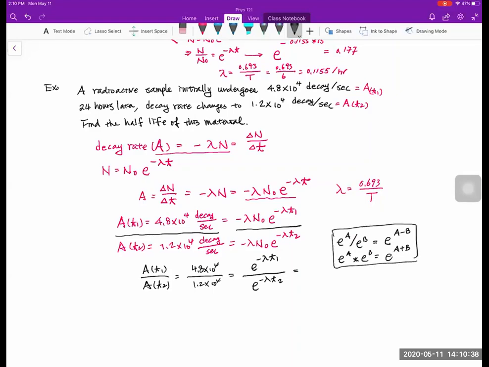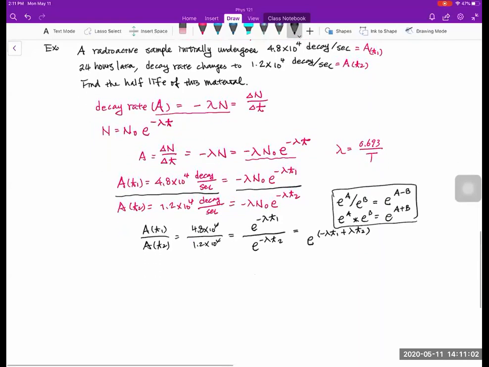So over here, you have a divide, and that means your result is going to be e to the minus lambda T1 minus the bottom part, and because there's a minus sign over here, it's going to be plus lambda T2. Any question about this so far?